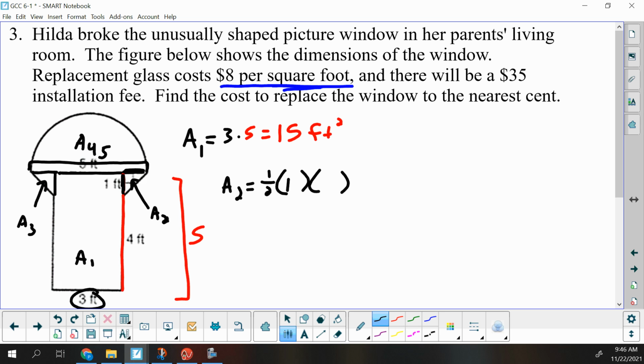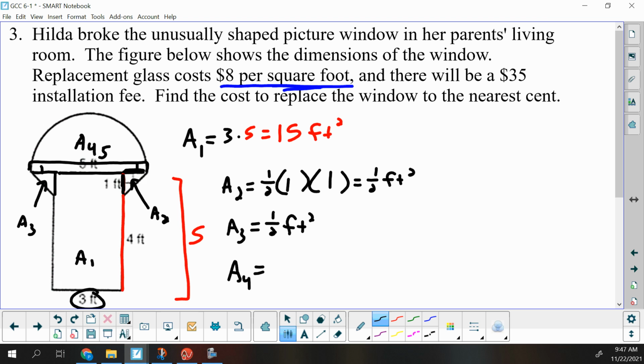That means there is 1 to split up for the parts on either side. So this triangle is just 1/2 of 1 times 1, which gives us 1/2 of a foot squared. For area 3, it's the same dimensions, so that'll also be 1/2 foot squared.